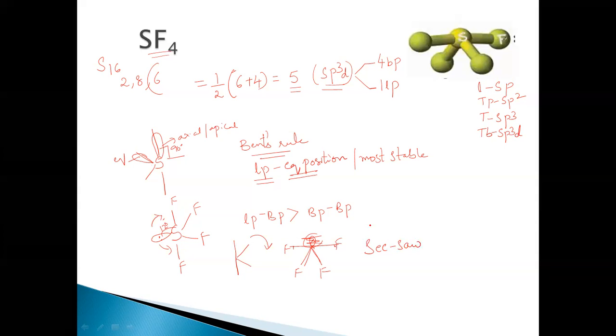So the shape of the molecule is seesaw, and the geometry here is trigonal bipyramidal.